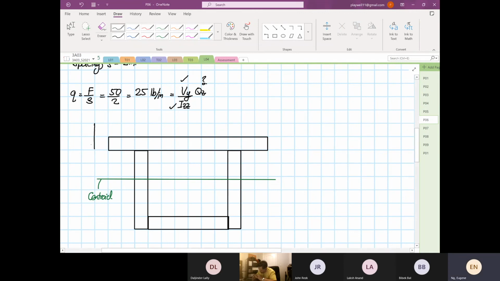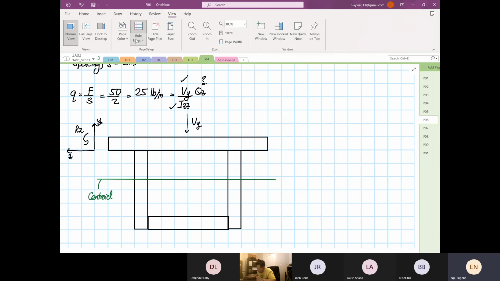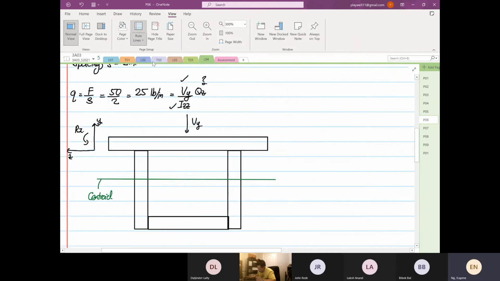And transformation Y, Z, rotation about X. Okay, and this is our Vy. All right, so if we were to construct our shear flow, right?